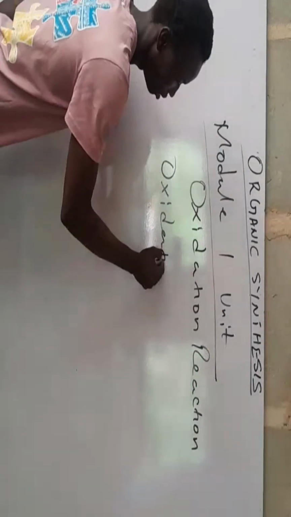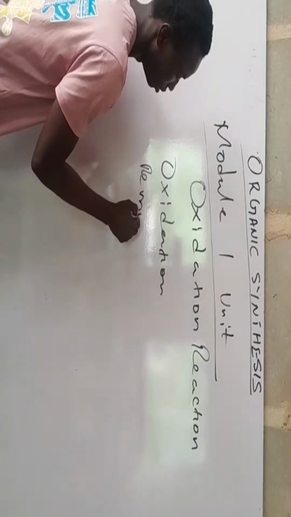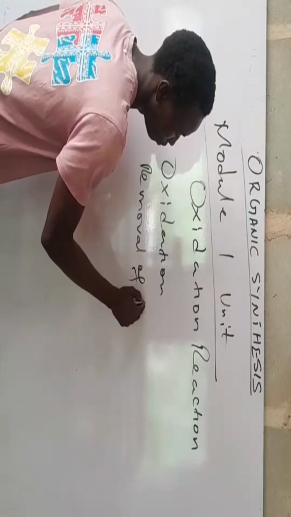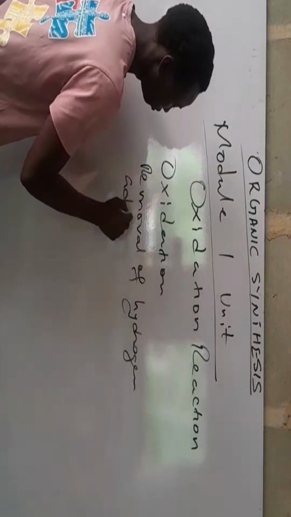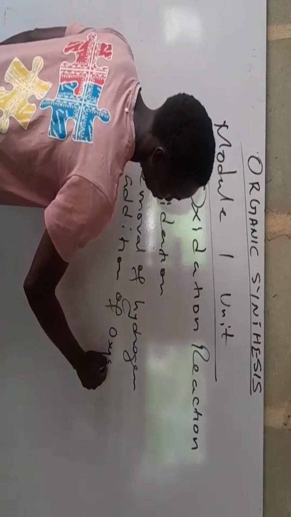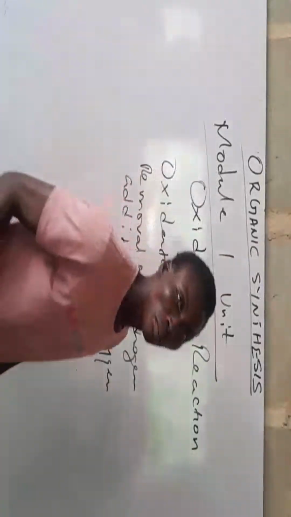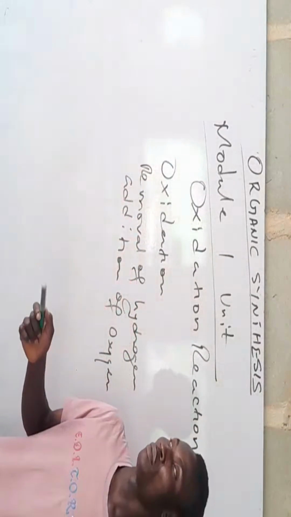Oxidation, simply to say, is removal of hydrogen, addition of oxygen. That is just the simplified way of defining what we call oxidation.